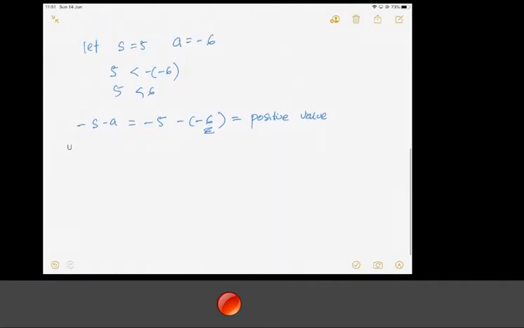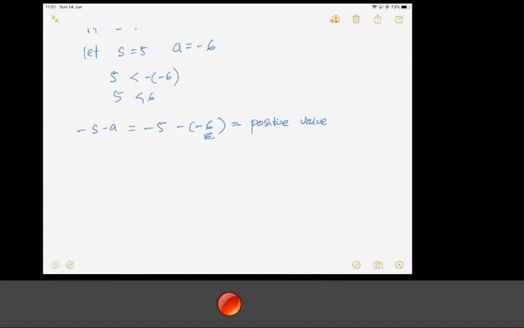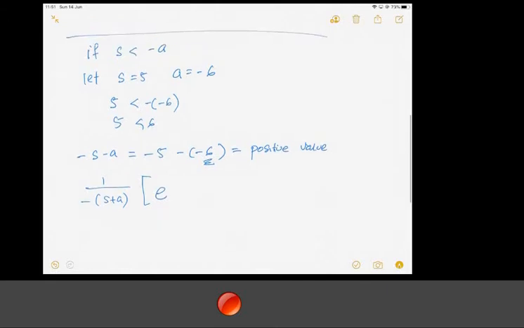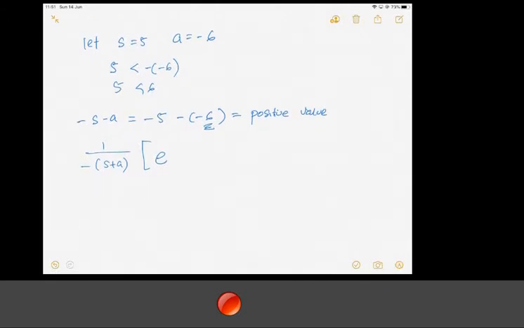Okay, now 1 over negative s plus a, and then exponent negative s plus a is a positive value, so it's positive infinity minus exponent 0, so you will get infinity.